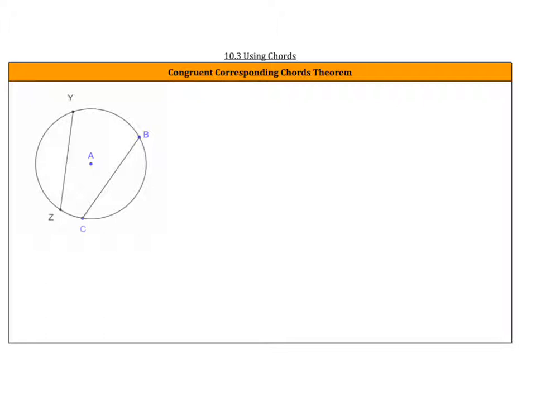So let's go ahead and get started with the first theorem, which says congruent corresponding chords theorem. The first thing that we need to know about this theorem is that we need to be either working inside one circle or we are working inside multiple congruent circles.